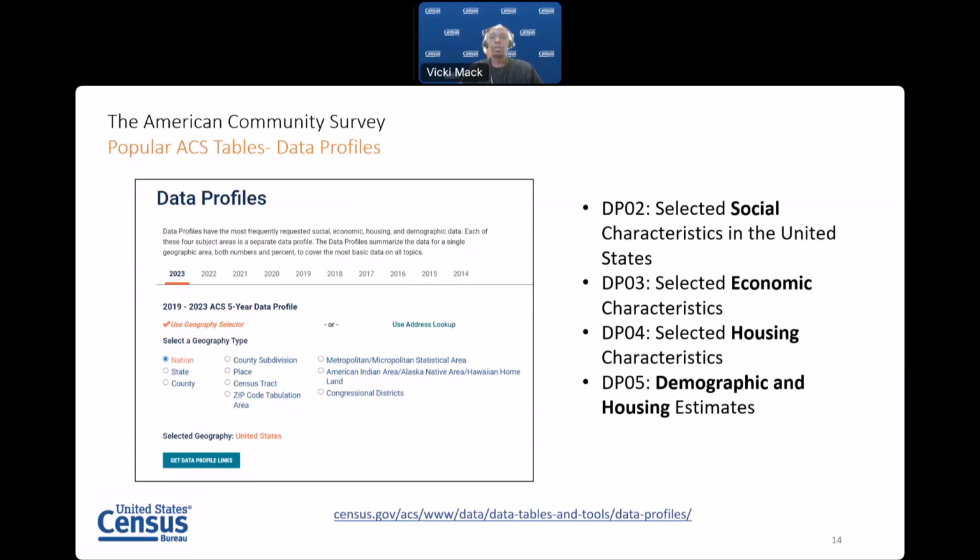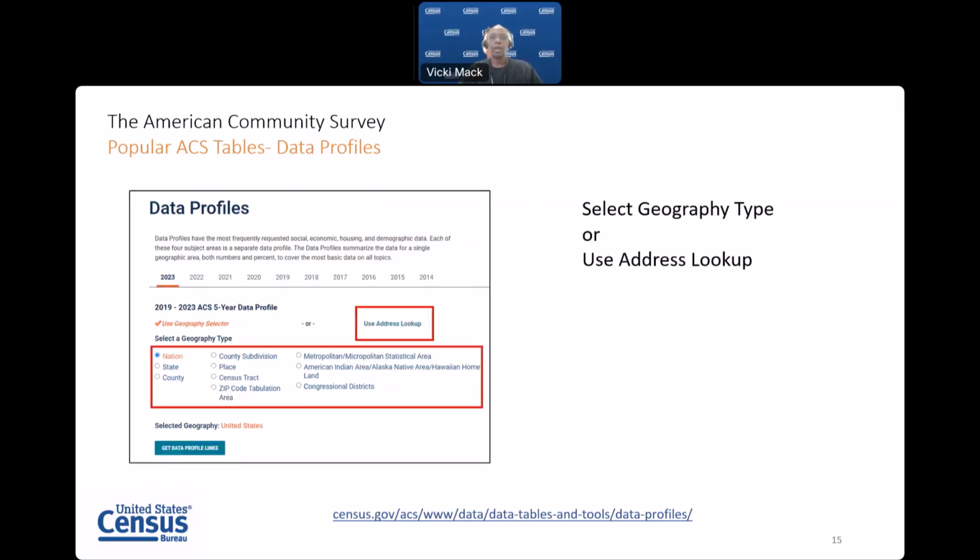Data profiles summarize data for a single geographic area, including both numbers and percents. They provide data for several geographic areas from the nation down to the census tract level, similarly to the narrative profiles. So you can access the data profiles from the ACS website or by going directly to the data.census.gov platform.